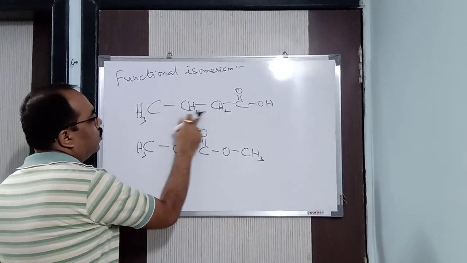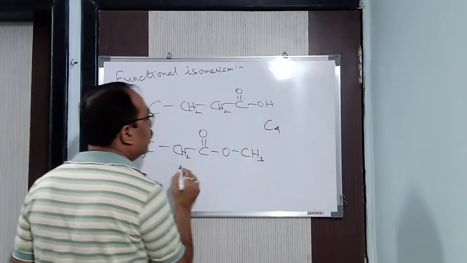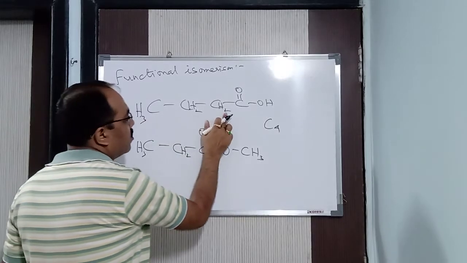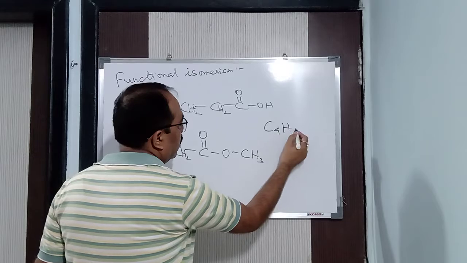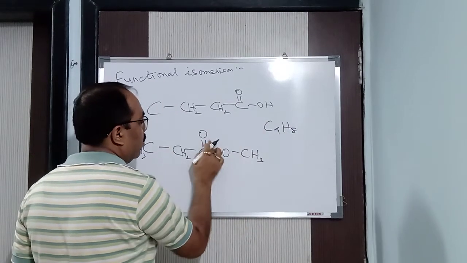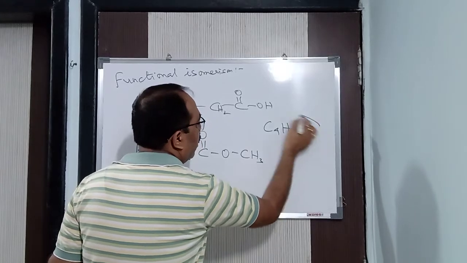Now see, 1, 2, 3, 4 carbon, 1, 2, 3, 4 carbon, fine, 4 carbon. Hydrogen 3 to 5 to 7, 8; here also 8, correct. Oxygen, 2 oxygen, here also 2 oxygen. So C4H8O2. This is the molecular formula.